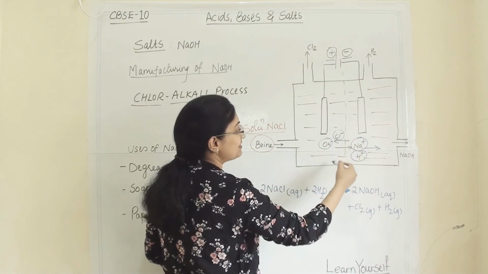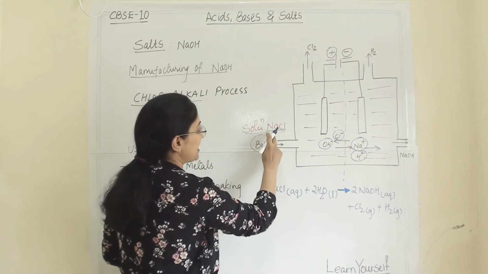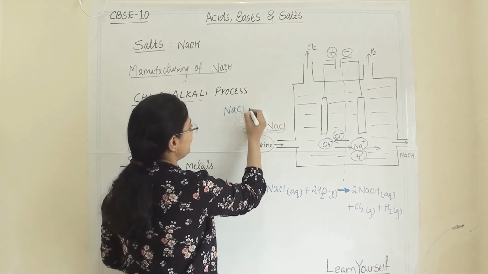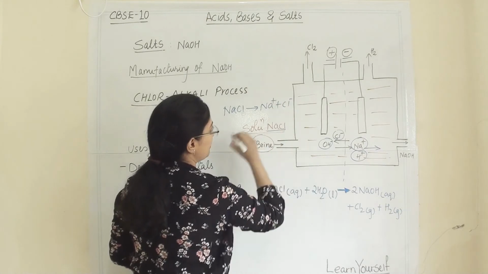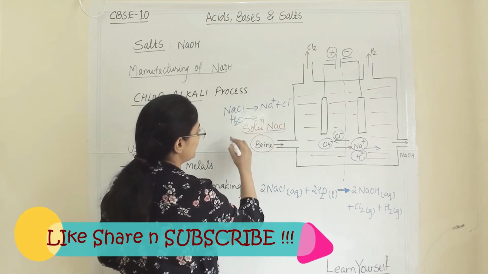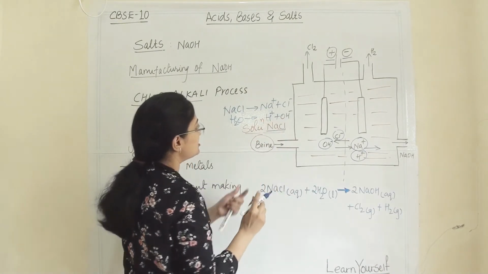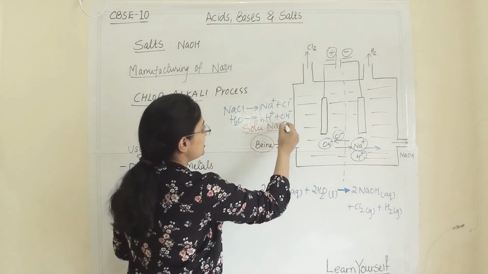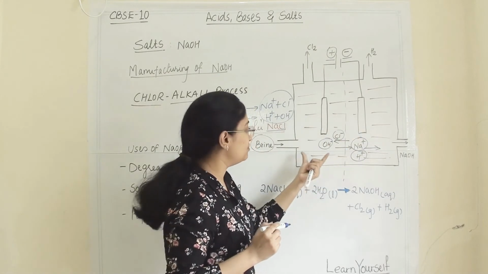Now from where did we get all these ions? From NaCl we will get Na+ and Cl-, and electrolysis of water will give us H+ and OH-. These two ions we will get from H2O. So these four ions we will get in our liquid medium.